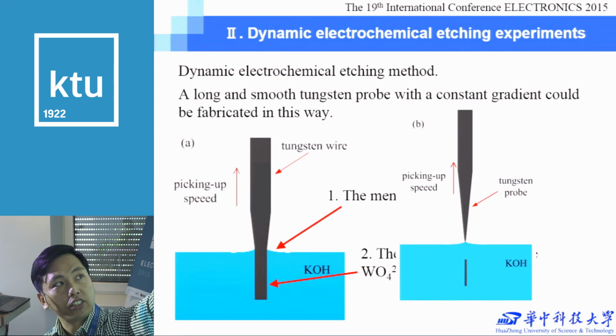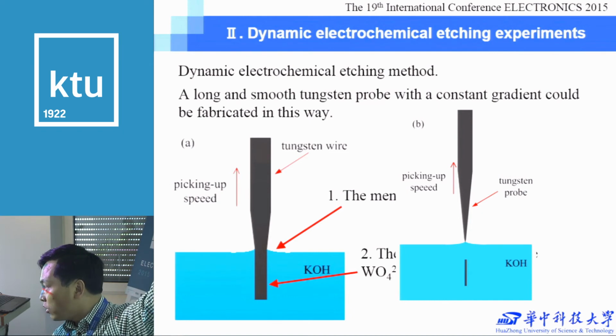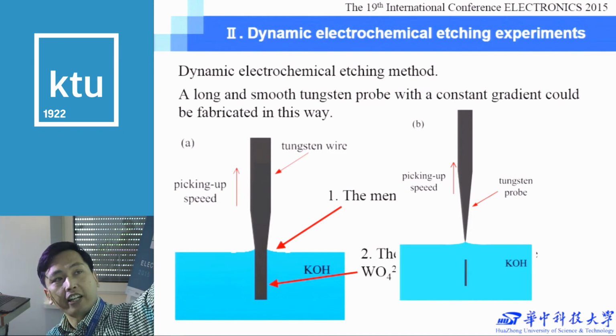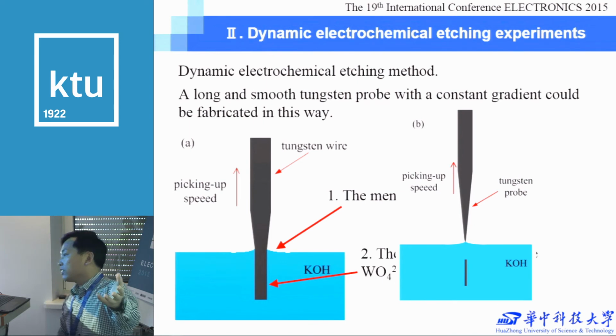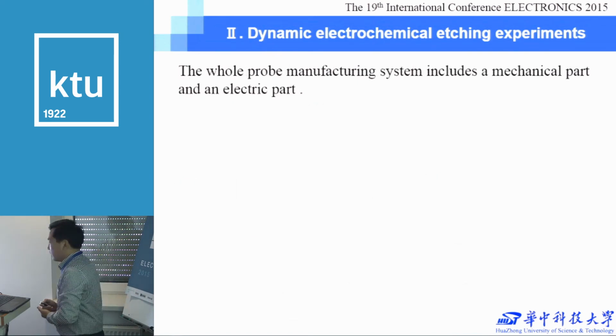And we can see that during the picking up of the tungsten probe, the exit point cube is gone. And the whole probe manufacturing system includes two parts.